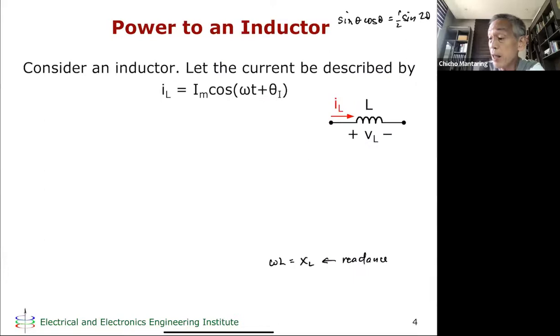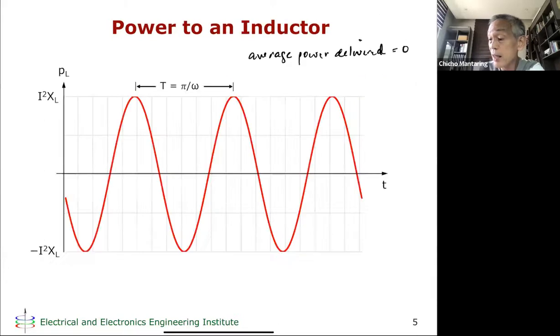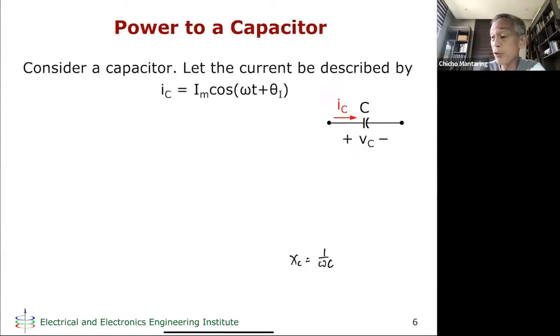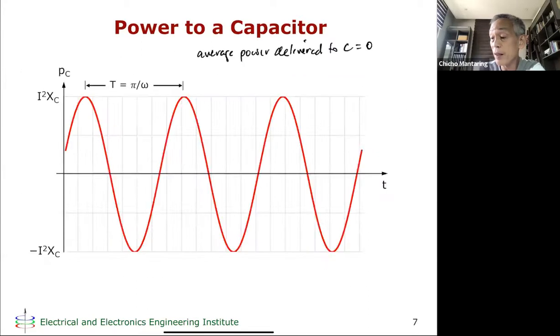For an inductance, my average power is 0. Sometimes power is delivered, sometimes power is received, but the average is equal to 0. The same goes for the capacitance. My average power is 0. Sometimes power is delivered, sometimes power will be received. Any questions so far, Albert? Okay, thanks.